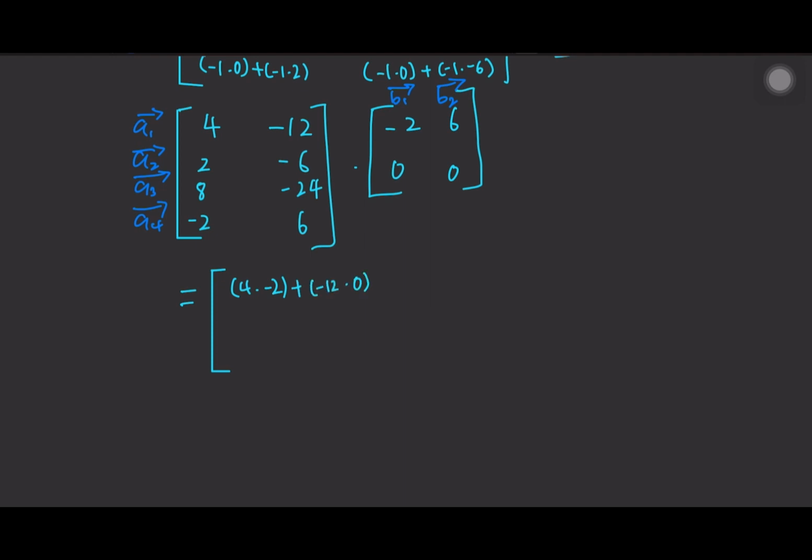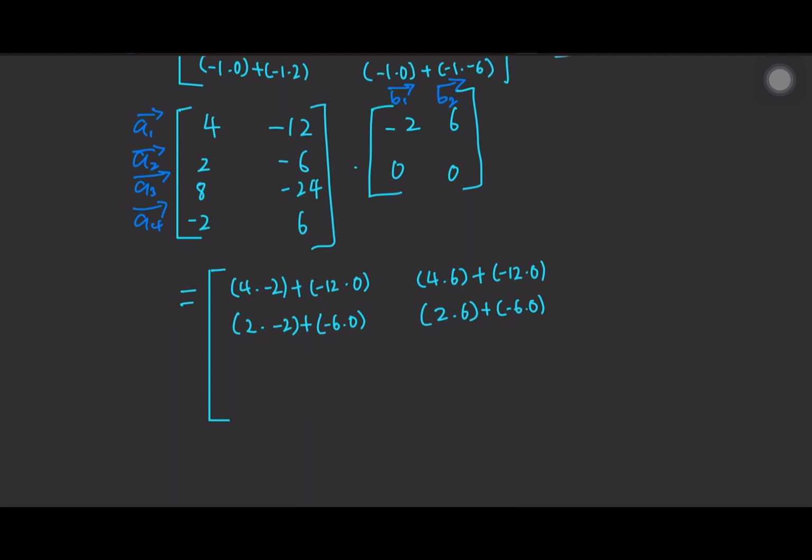Then A1 multiplied by B2, which is 4 times 6 plus negative 12 times 0. A2, let me give more space. A2 multiplied by B1, A2 multiplied by B2, 2 times 6 plus negative 6 times 0.